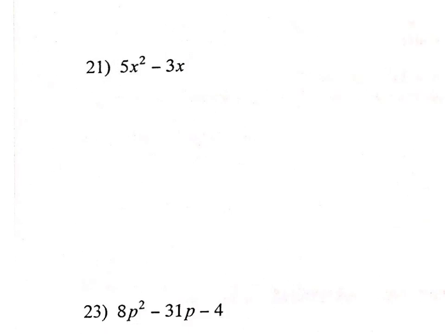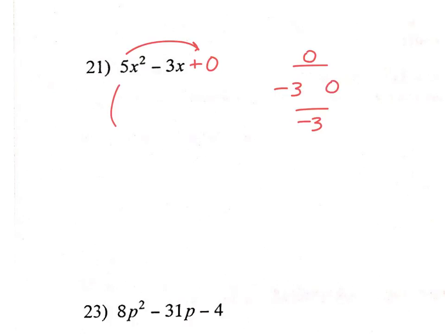Okay, question 21. Some of you worked this out like you knew the back part was missing, so you put a plus 0 at the end. That's fine, you can do that. There's not a GCF, so you'd multiply, you'd get 0 at the top. This is a long way to do this problem in my opinion, but I'm going to show you this way just so we stay in the same rhythm. Negative 3, two numbers that multiply to 0 and add to give you negative 3, or negative 3 and 0.